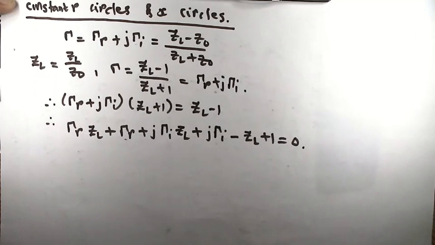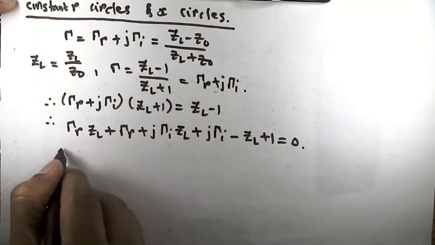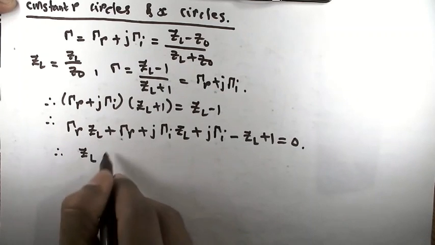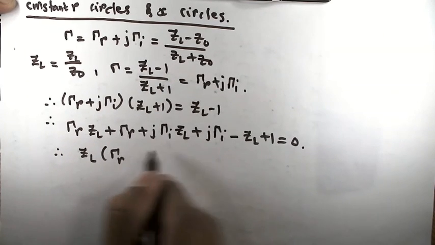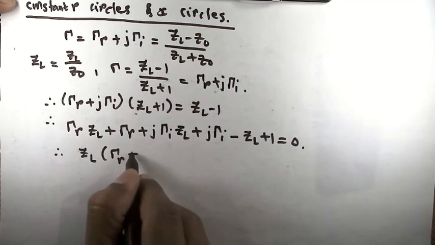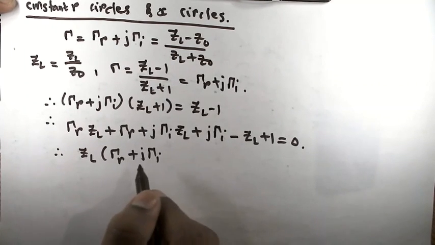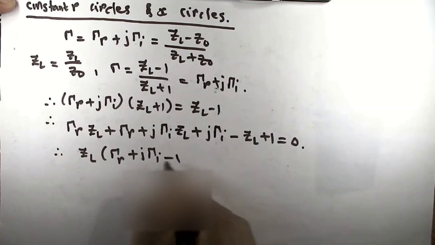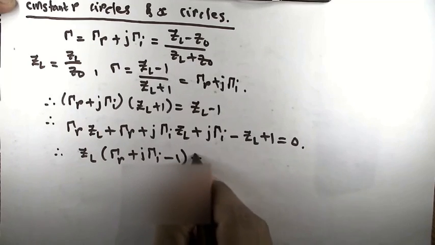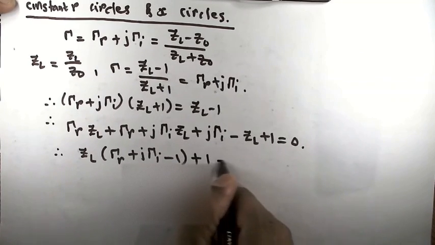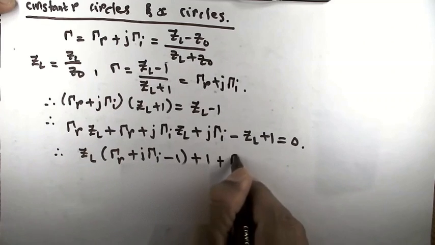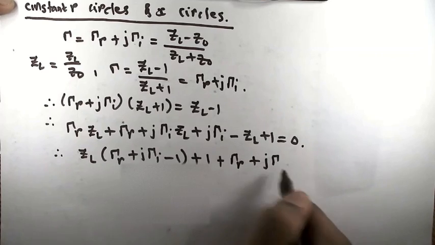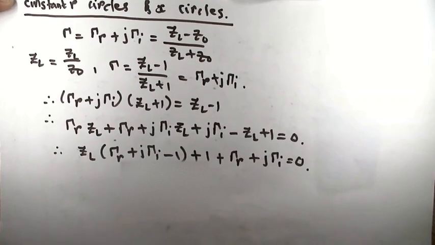The expression is in such a way that let us normalize ZL, and this one is nothing but our sigma r, plus j sigma I, and once again this minus ZL, so I will put minus 1 here, plus we have a 1 plus sigma r, so I put it down here, 1 plus sigma r plus j times sigma I, and that is equal to 0.